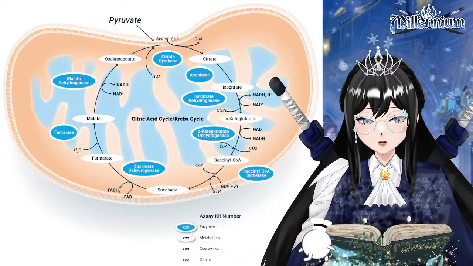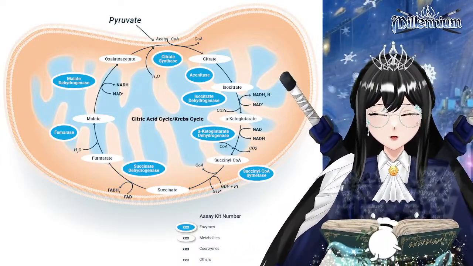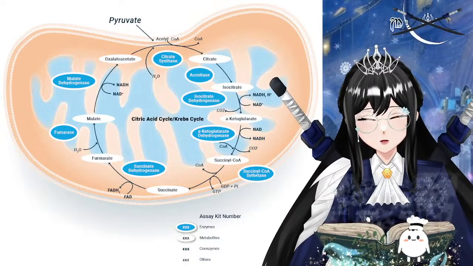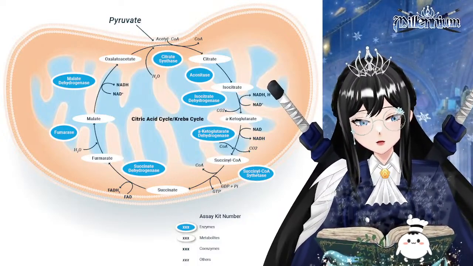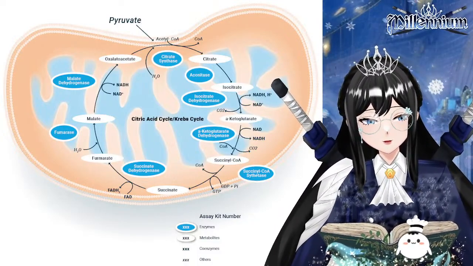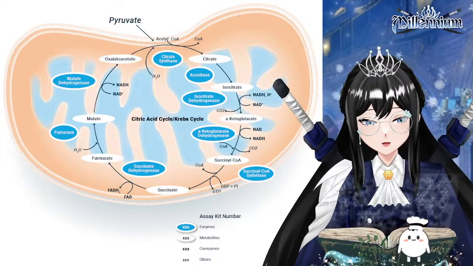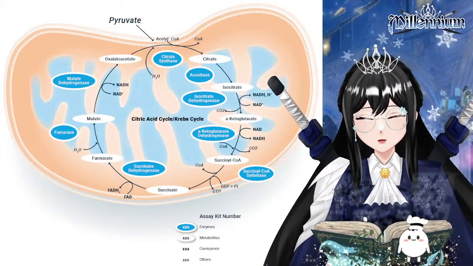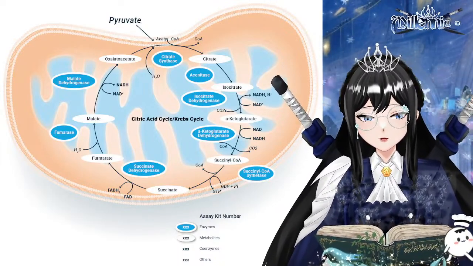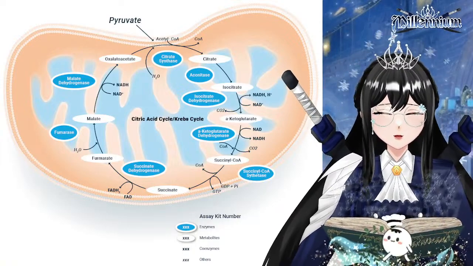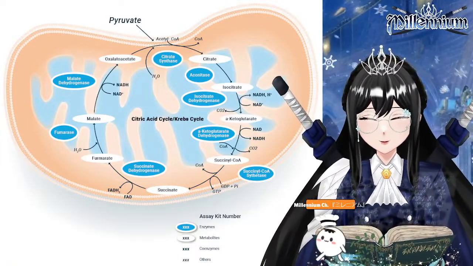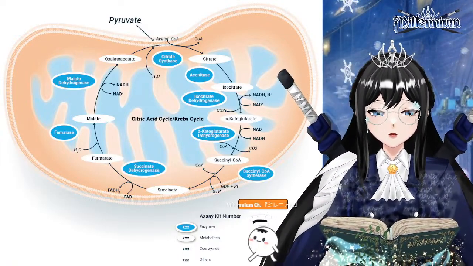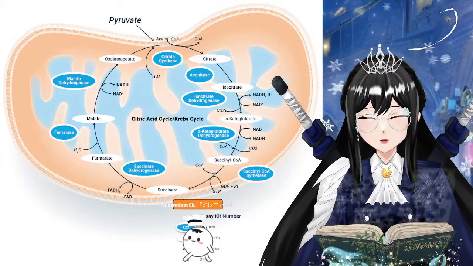NADH will deliver electrons starting in complex 1, while FADH2 from succinate dehydrogenase would donate to complex 2. Those electrons would then flow to complexes 3 and 4, ultimately reducing O2 to H2O at complex 4.